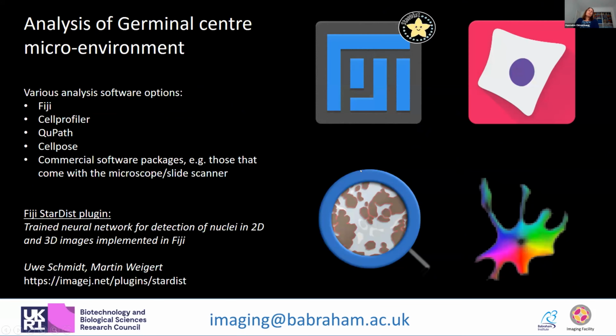Now, to do this, there's of course various options of analysis software, and I'm not going to show you ways to do it with all of these, but potentially you could use Fiji, you could use CellProfiler, you could use QuPath, or you could use Cellpose, or you could use whatever software comes with your microscope itself.